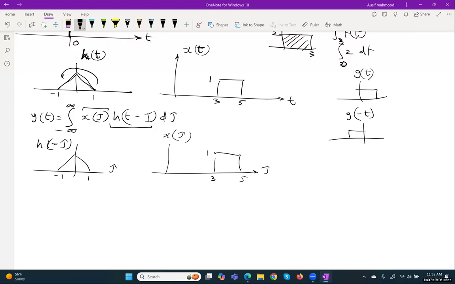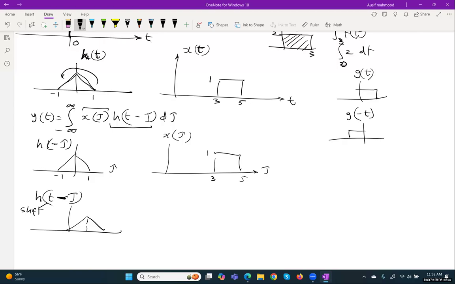Okay, so now what I'm going to do is see what h of t minus tau does, okay? If t is 1, it starts shifting this to the right. So t is basically our shift amount. So t is 1, our function will move 1 to the right.